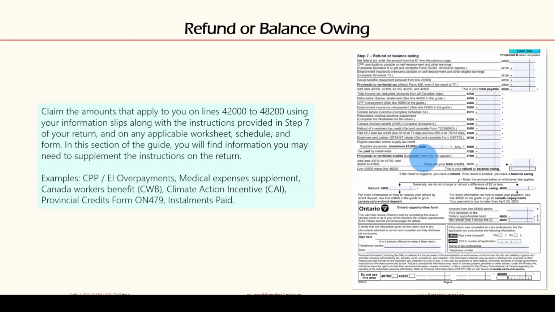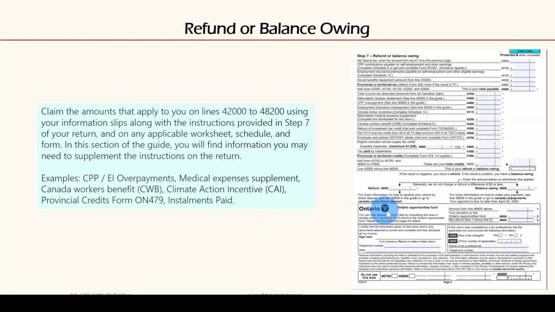Plus, there are CPP overpayments if any have been made, employment insurance overpayments, climate action incentive, Canada Workers Benefit, all those things show up over here. So examples could be CPP/EI overpayments, medical expenses supplement, Canada Workers Benefit (CWB), climate action incentive (CAI), provincial credits from ON479, and any installments that have been paid.